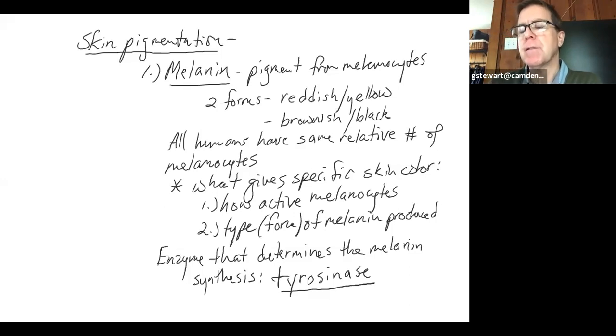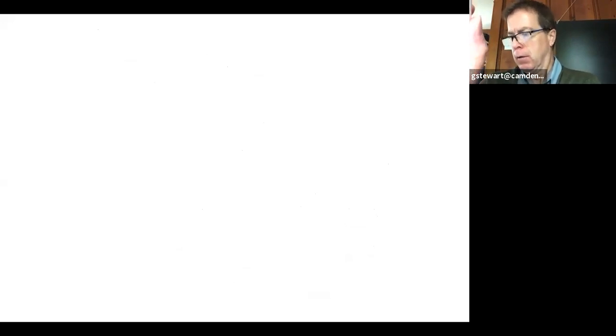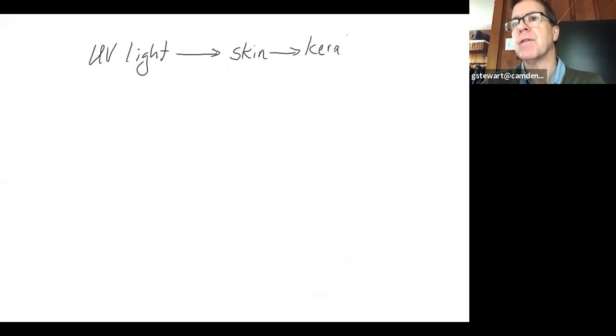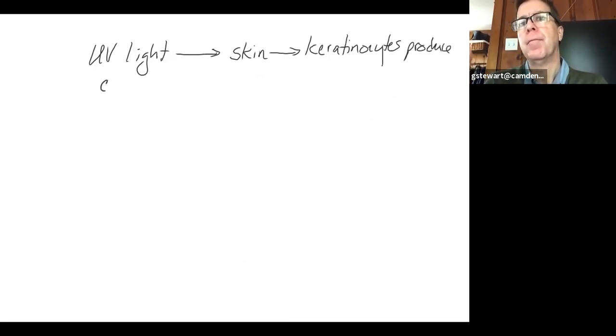All right, and this is, I'm just going to layer over. If we want to come back to this one, that's okay. You can just ask me to do so. So here's the process. What happens? UV light from the sun is given off, and it hits our skin, and then the keratinocytes in the upper layers of our skin produce a chemical when the sun hits the upper layers of our skin where we have these keratinocytes.